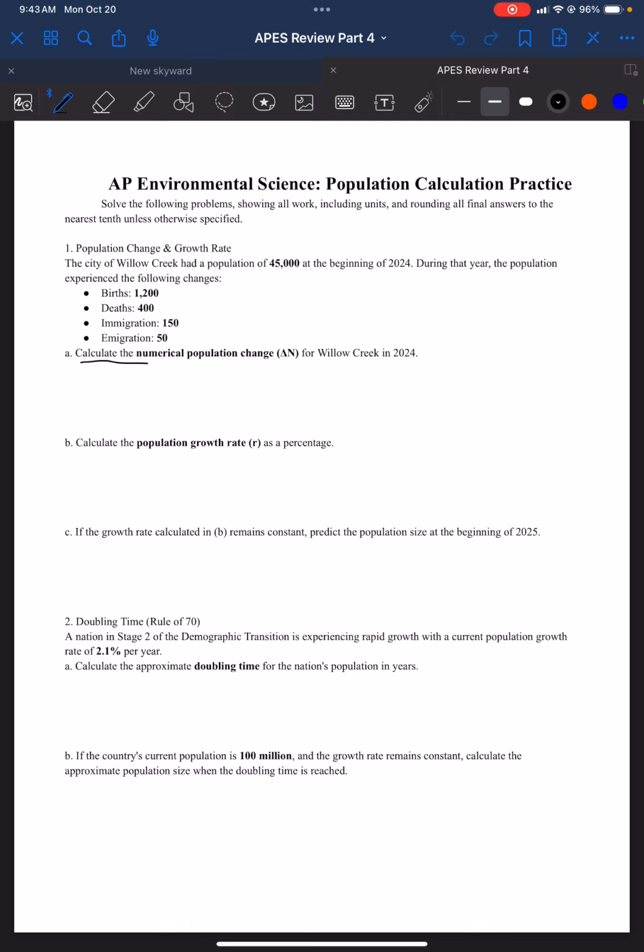So it says calculate the numerical population change delta N for Willow Creek in 2024.